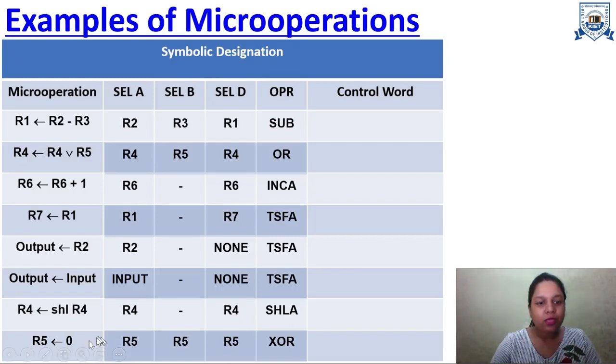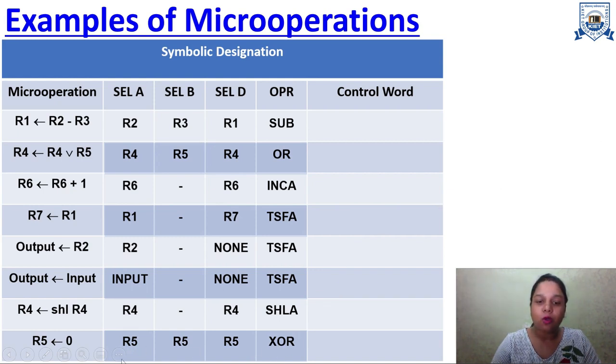Now next we can see that we have to transfer 0 to R5. How will this happen? If you know that an XOR operation gives 0 output when both the inputs are the same, it means if 0 0 is there, output will be 0, and if 1 1 is input, then output will be 0.